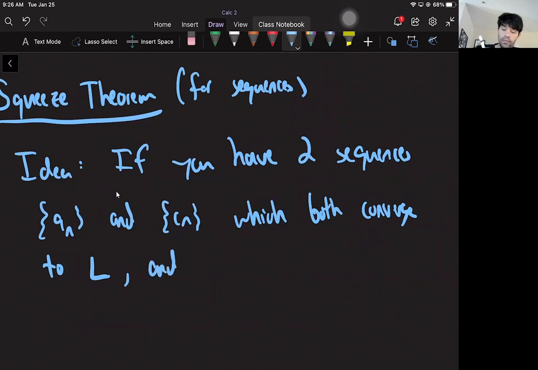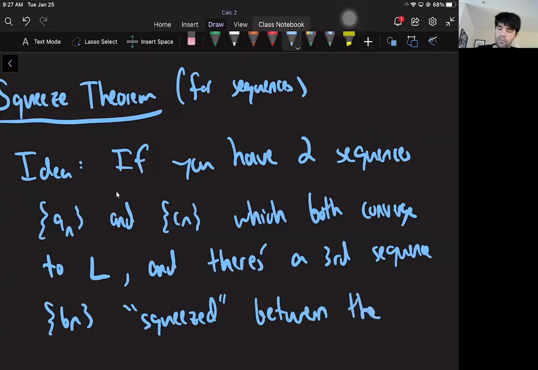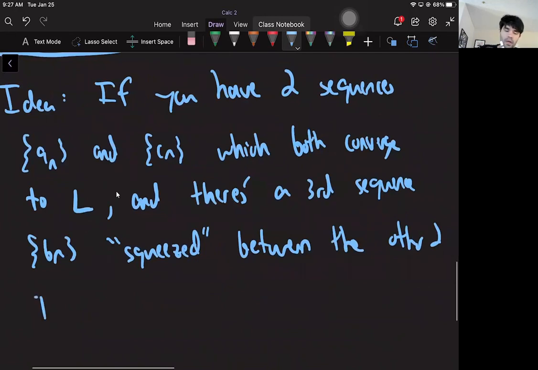Okay, and if there's a third sequence between them, which I'll call Bn, I'll just say squeezed between the other two, then this also converges to L.